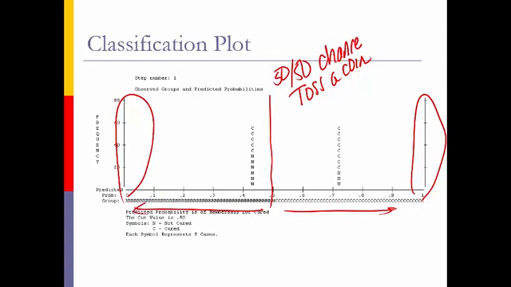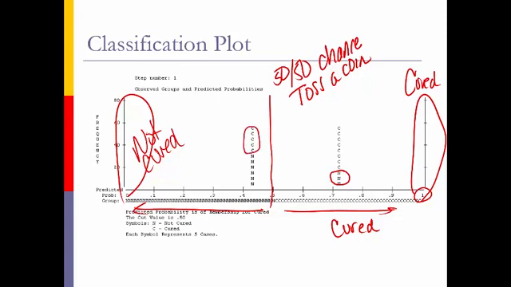What it looks like is all cured would be over here, right? Because cured has a 1. That's how it was coded. Not cured is 0. So when you look at this, as you move toward the right, you should end up seeing more and more cured patients. But it looks like we've got 3 non-cured in there. And as you move towards the left, we should have not cured, and it seems we've got some cured patients there.